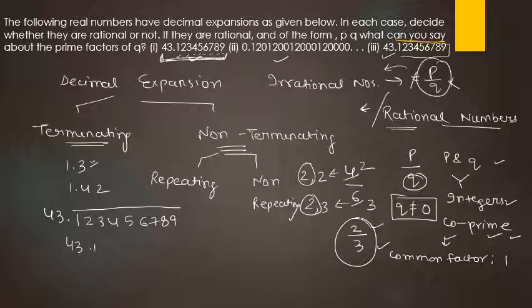That means these digits are repeating again. 1 2 3 4 5 6 7 8 9, again 1 2 3 4 5 6 7 8 9. So non-terminating repeating decimals just like this are also rational numbers.